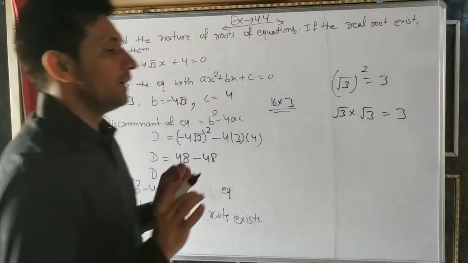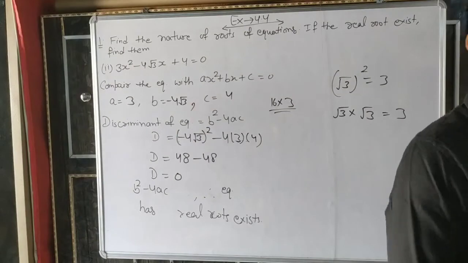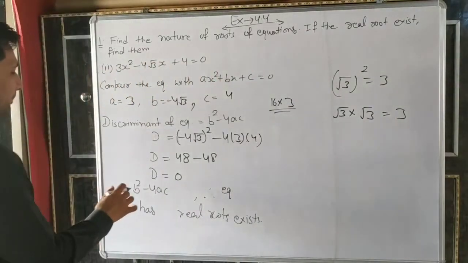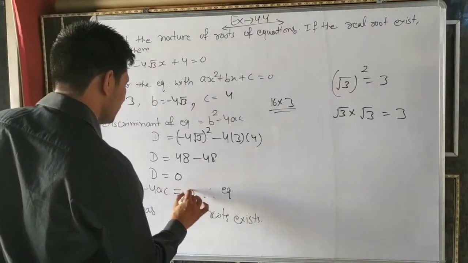And whenever the discriminant is either 0 or greater than 0, then b square minus 4ac is equal to 0.